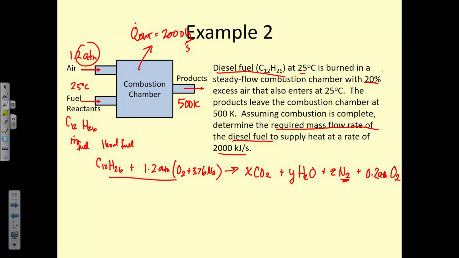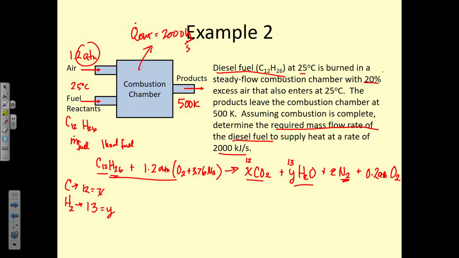So we start doing this balance. For carbon, we have 12 on this side of the equation and X on the other side, so X is equal to 12. For hydrogen, in the diatomic form, we have 13 H2s on this side, and on the other side we have Y, so Y is equal to 13.